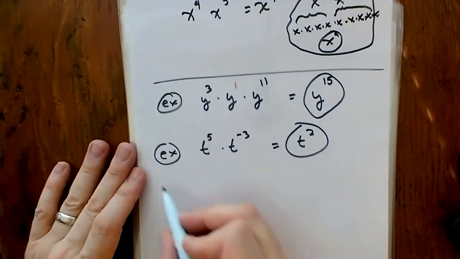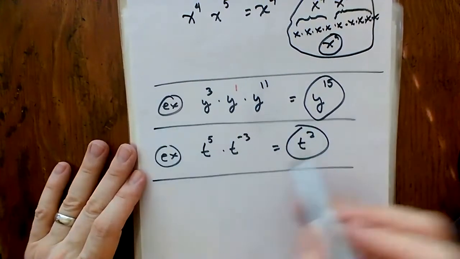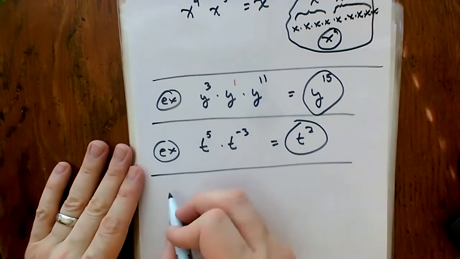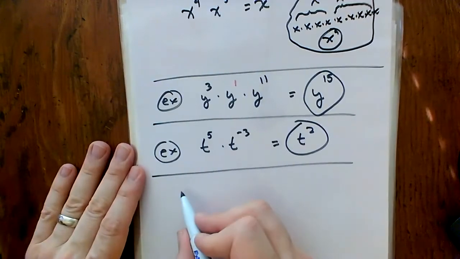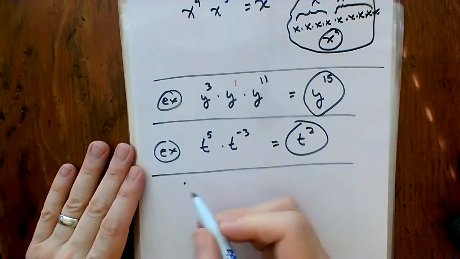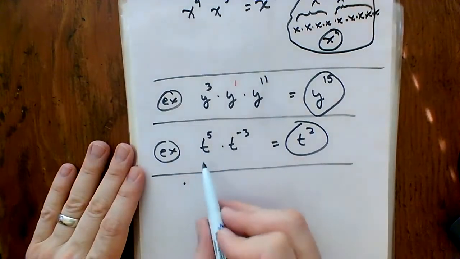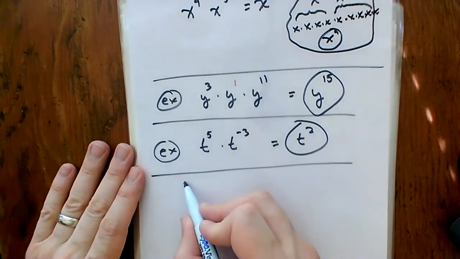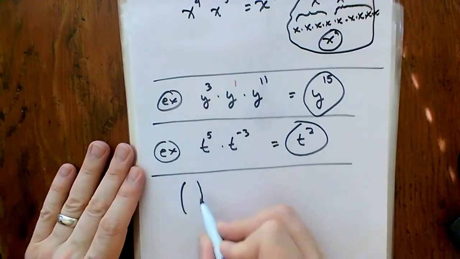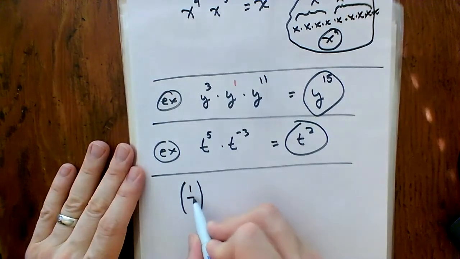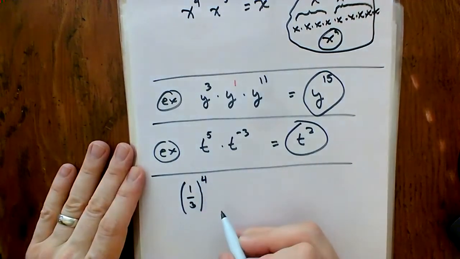When it comes to whole numbers or even fractions, it's usually considered good form to, after you've simplified these rules, go ahead and evaluate them. What I mean by that is, say I've got something like 1/3 to the 4th power.